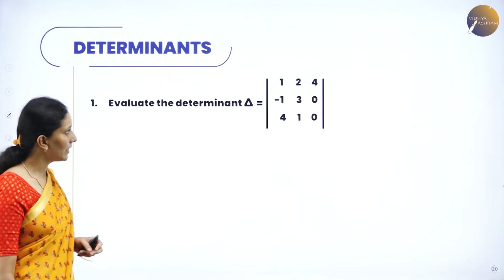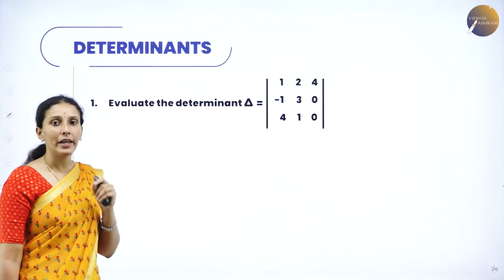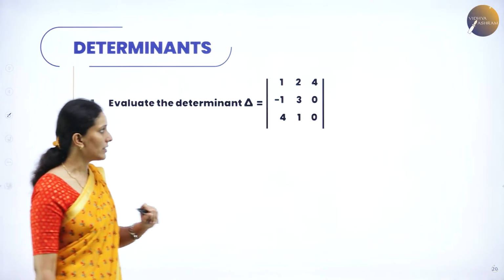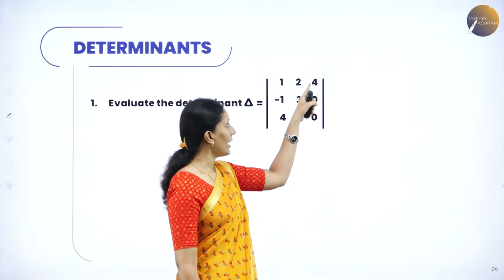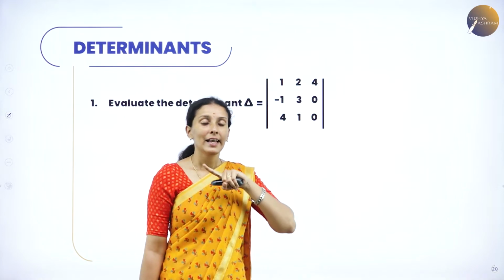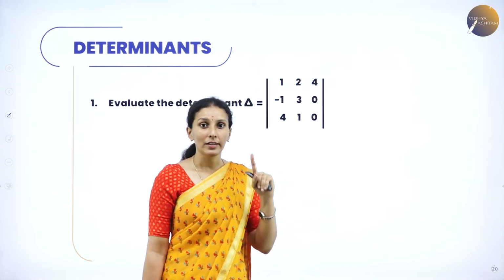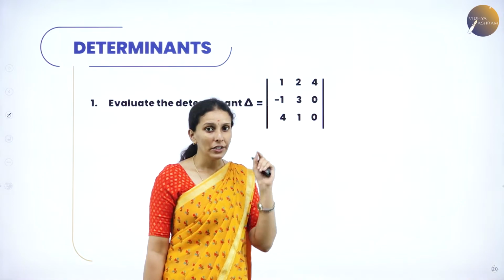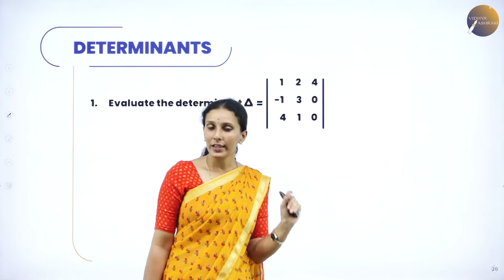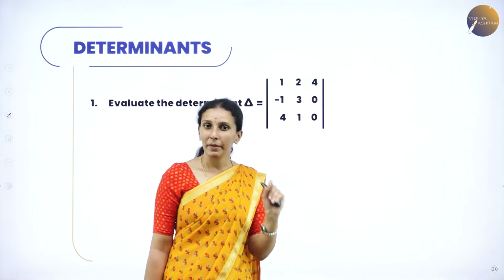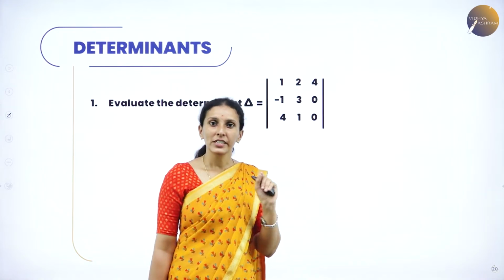Now you can see clearly here. One more hint I have to give is, suppose you have any row with zeros or any column with zeros, then expand the determinant using that particular row or column, because it makes the simplification easier.